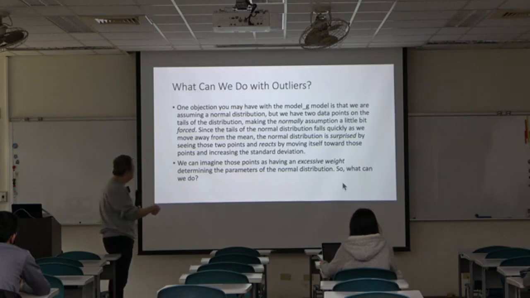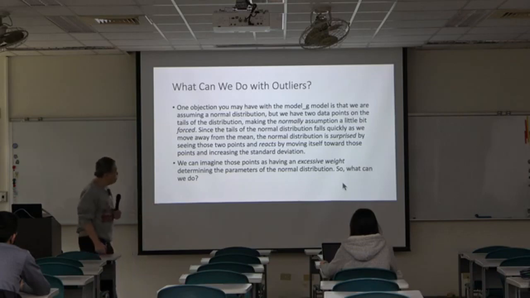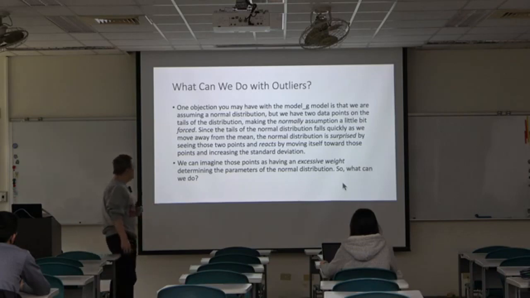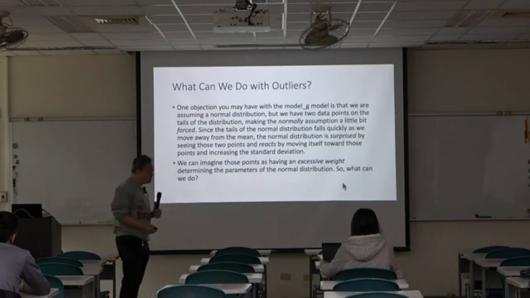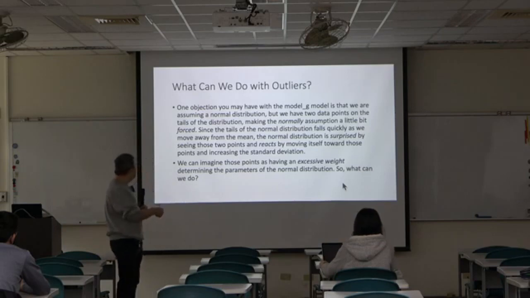So these two outliers make this normal assumption not as natural as we anticipated. So what do we do?